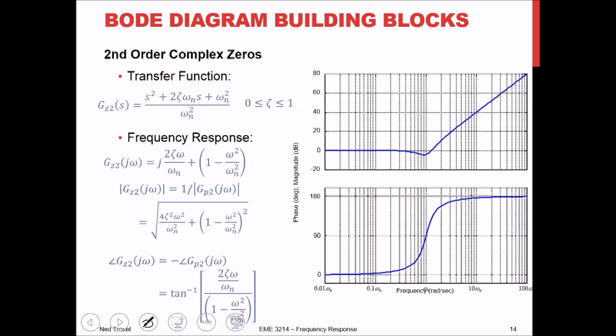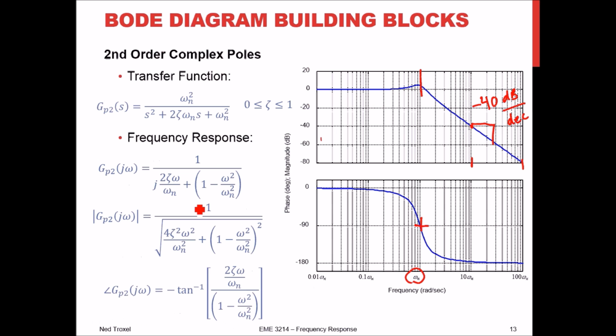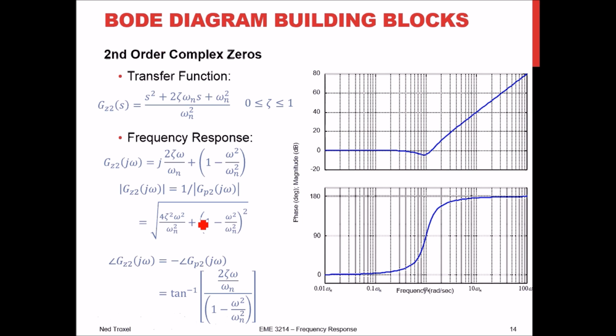For a 0, if we were to write the 0 like this, where we have essentially just the inverse, it turns out that just like for a first order 0, you just get a flip of the graph over the 0 decibel line and over the 0 degree phase line. The formulas are also easy to compute because here we had 1 over, and here we just flip that over. Same thing here, we can just do a minus the formula we had before.